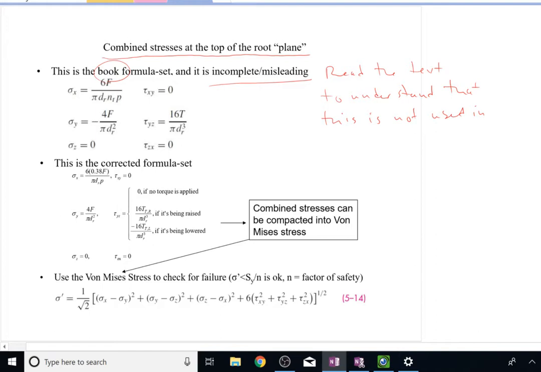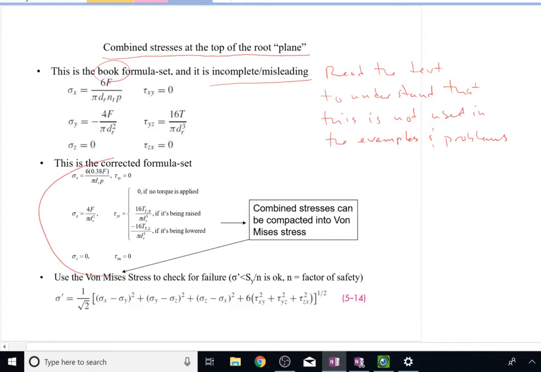I hate to say it, these formulas are not used in their own example problems, and they're not used in the problems in the problem section of this chapter.